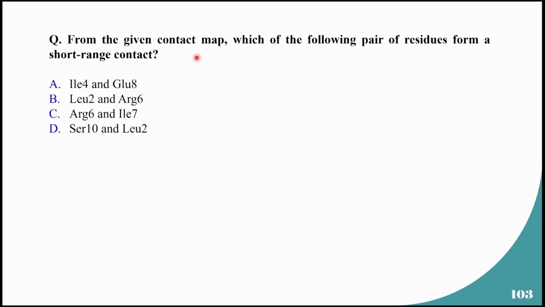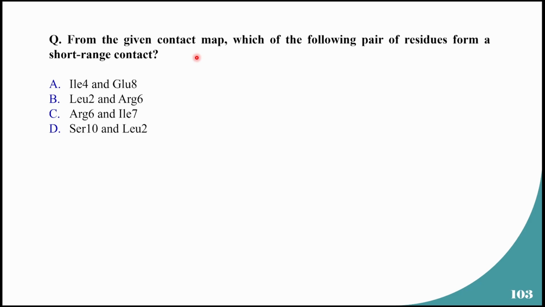A short range contact means that two residues that are very nearby in the sequence are forming contacts. A long range contact is two residues which are very distant in the sequence, for example, at position 4 and at position 40. They are very distant in the sequence, but the protein folds in a way that these two residues come closer together and form a contact. Those are long range contacts.